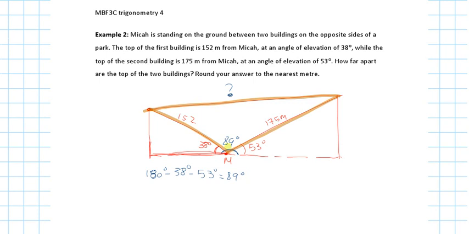I'm just going to name them A, B, C. So I'm looking for side B. I know side C, I know side A. So what would be my formula? B squared equals A squared plus C squared minus 2AC cos B. So B squared equals 152 squared plus 175 squared. It doesn't matter which order you put them in.